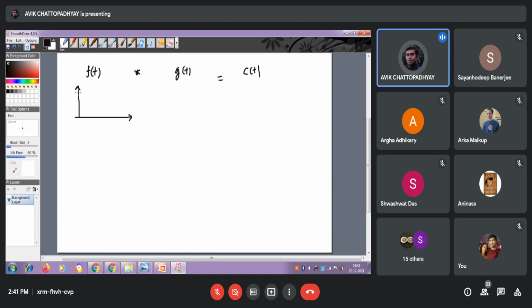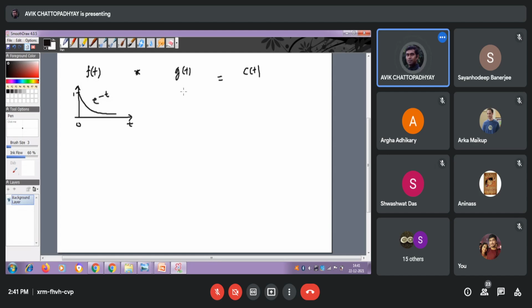So suppose, for example, just based on our intuitive idea, a very popular signal, e to the power minus t, that will vary from 0 to t, and this is 1 at 0. This is f(t).